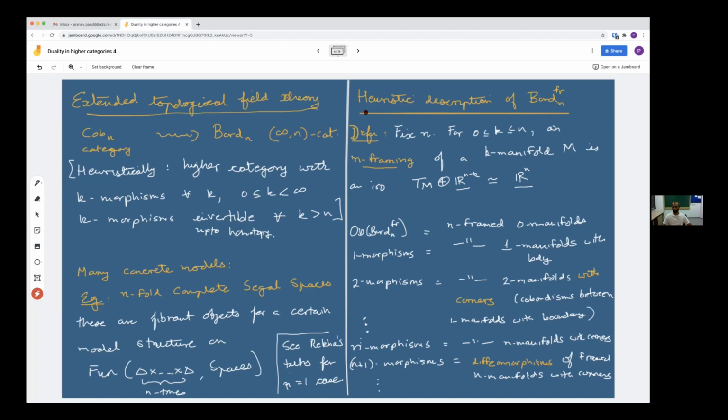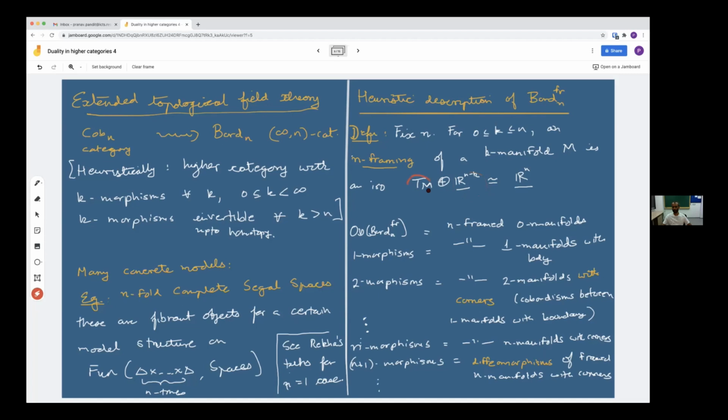So now here's a heuristic description of this particular infinity-n category, Bord_n framed, that is going to replace my category Cob_n. We fix a number n, and for 0 less than or equal to k less than or equal to n, we're going to define what it means to have an n-framing on a k-manifold. And that is the following data. It is the data of a trivialization of the tangent bundle direct sum R^(n-k).